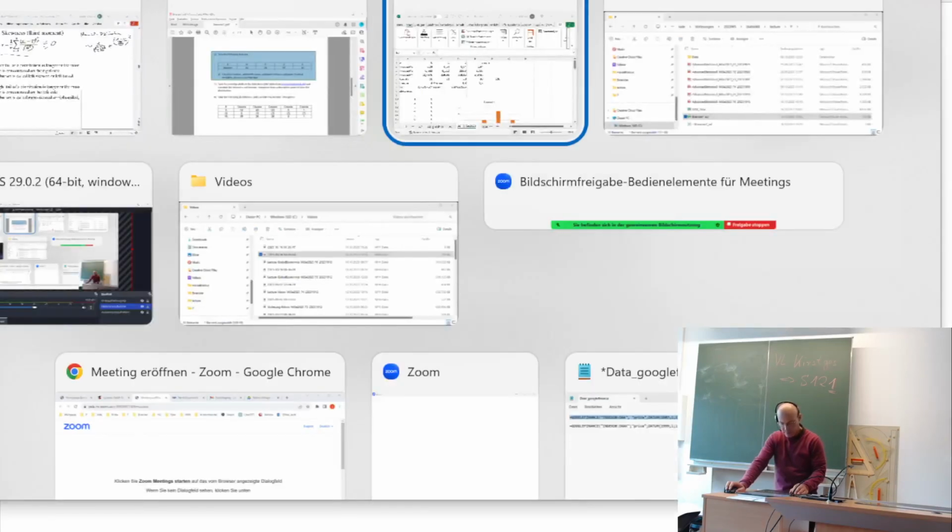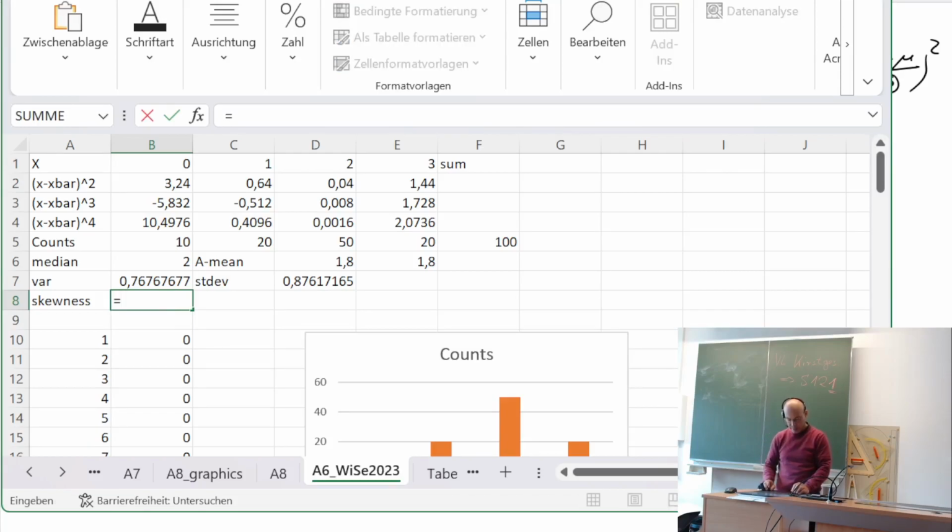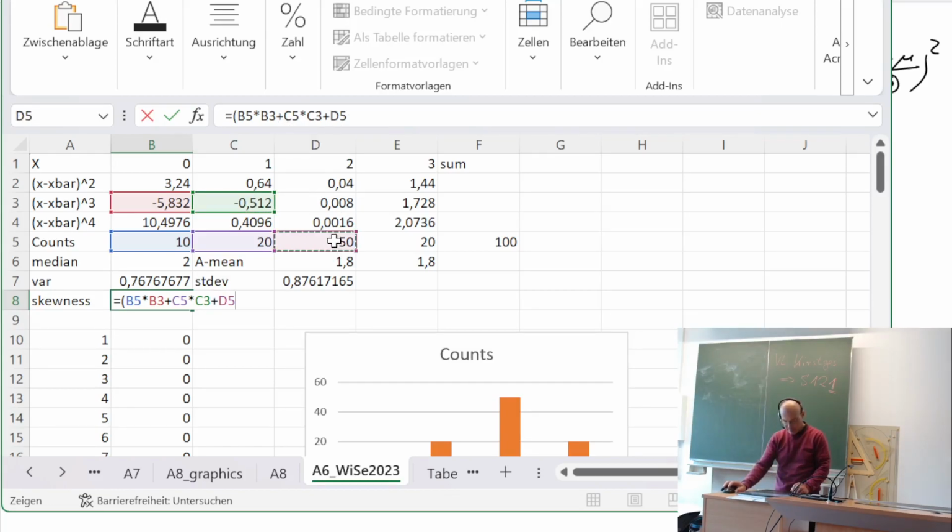So for this we then need 10 times minus 5 plus 20 times minus 0.5 plus 50 times 0.08 plus 20 times 1.72, divided by the standard deviation to the power of 3 and divided by the number of our data set, so the 100.